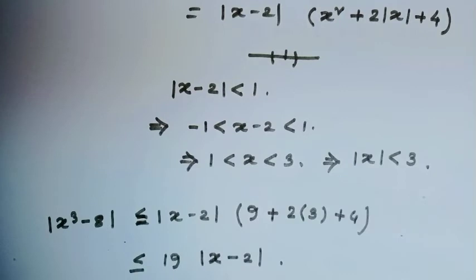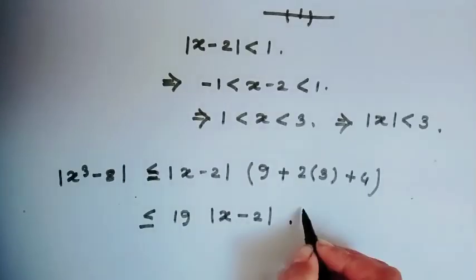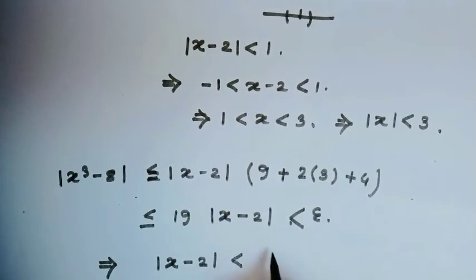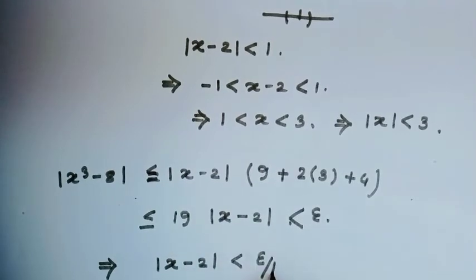And remember, by definition, the distance x cubed minus 8 should be strictly less than epsilon. That means we can write 19 times the modulus of x minus 2 less than epsilon. From this line we get that x minus 2 is strictly less than epsilon over 19.